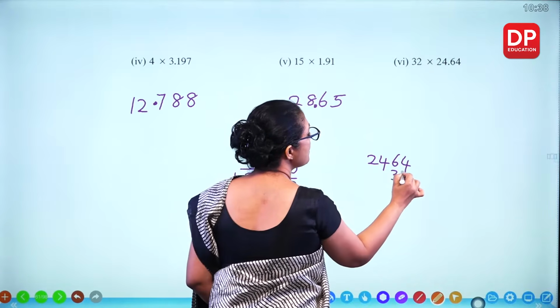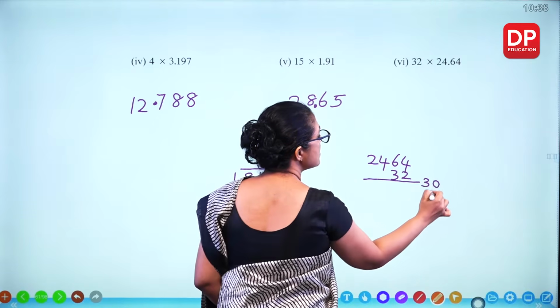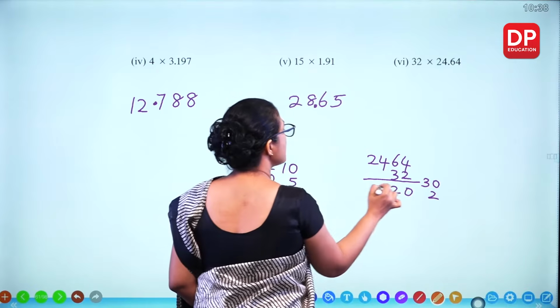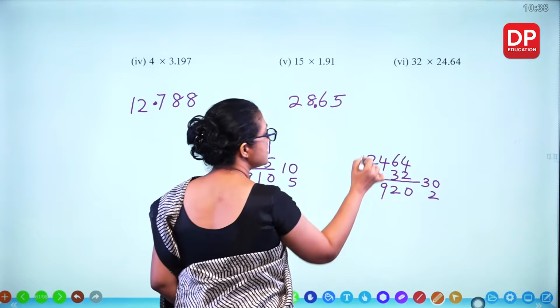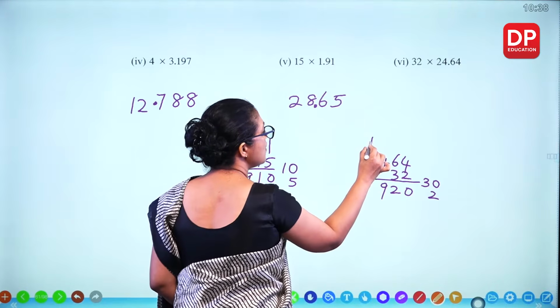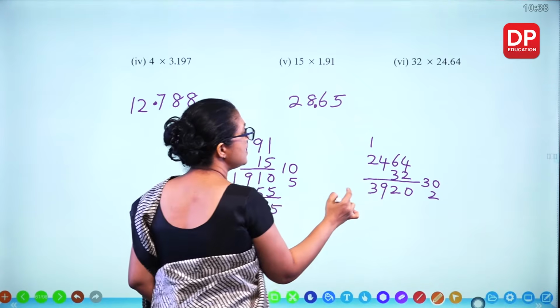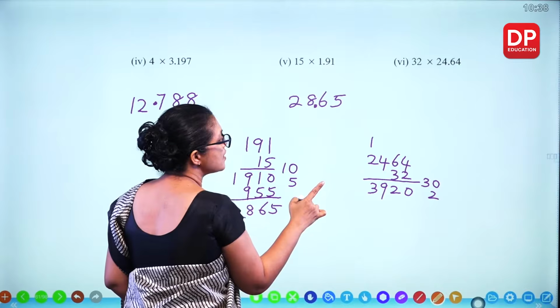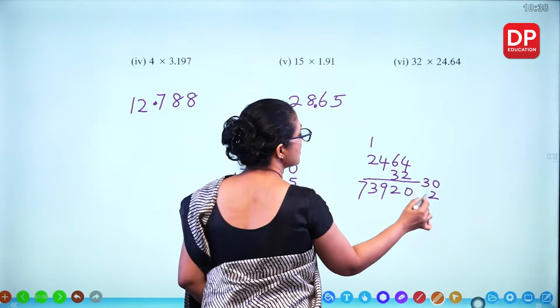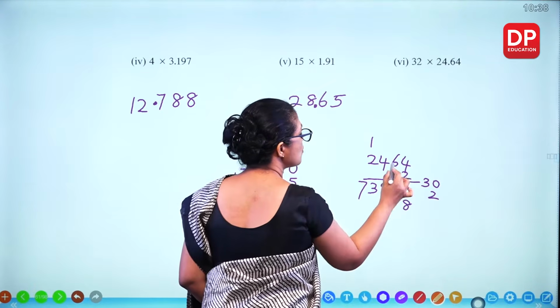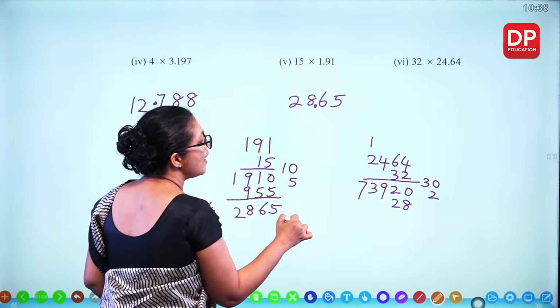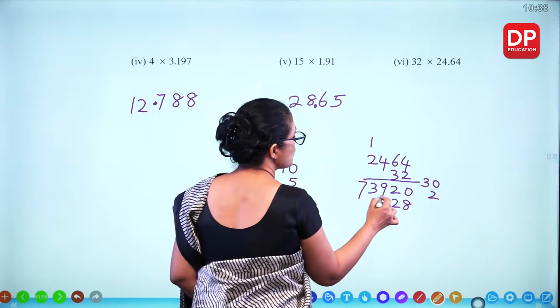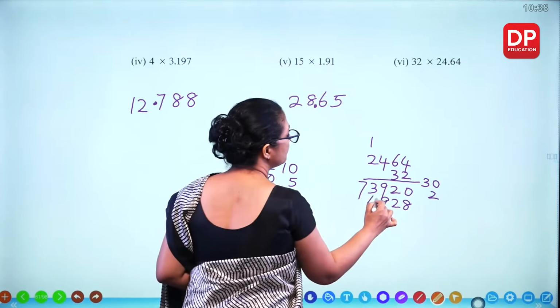2464 multiplied by 32 first. 30 and 2. 3 times 4, 12. 3 times 6, 18 plus 1, 19. 3 times 4, 12 plus 1, 13. 3 times 2, 6 plus 1, 7. 2 times 4, 8. 2 times 6, 12. 1 remaining. 2 times 4, 8 plus 1, 9, 4.